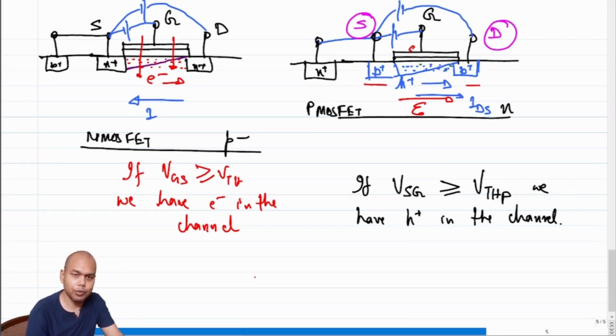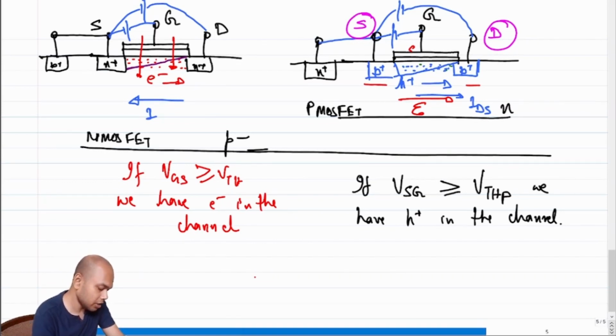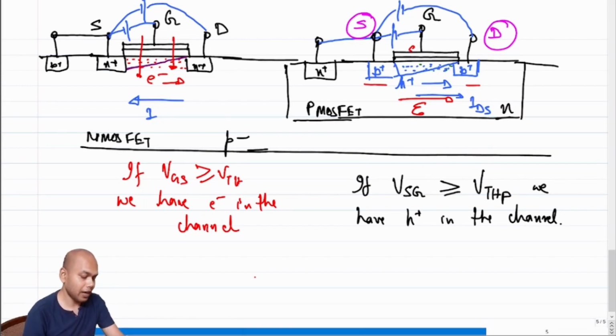So does that mean that we cannot make everything on a single P substrate? That would be a really problematic situation. As it turns out, no, we can do that. For that, we just need to ensure that the PMOS has a separate well. The PMOS is normally guarded off with a separate well of N type, and that local well becomes its own well in which it can reside.